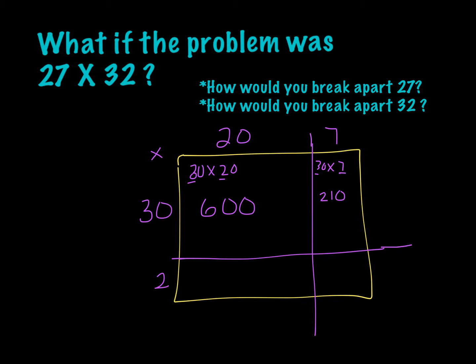And then we're going to have 2 times 2 tens, which is equal to 40. And lastly, 2 times 7, which we hope you know is 14.